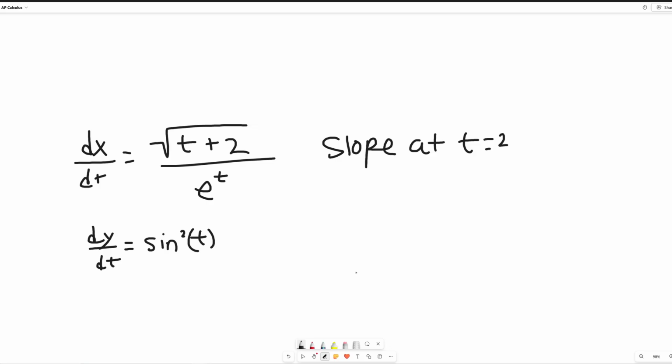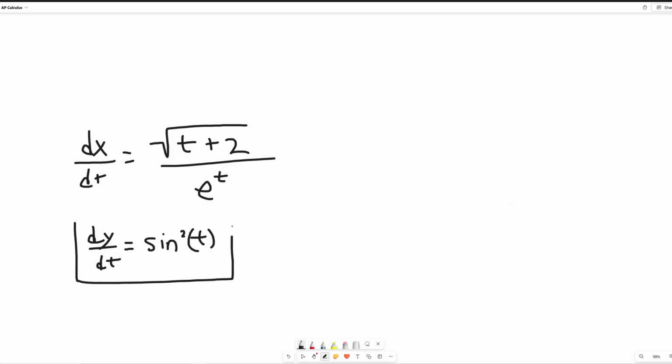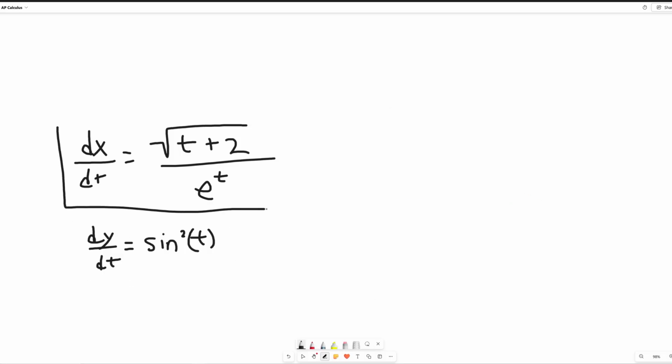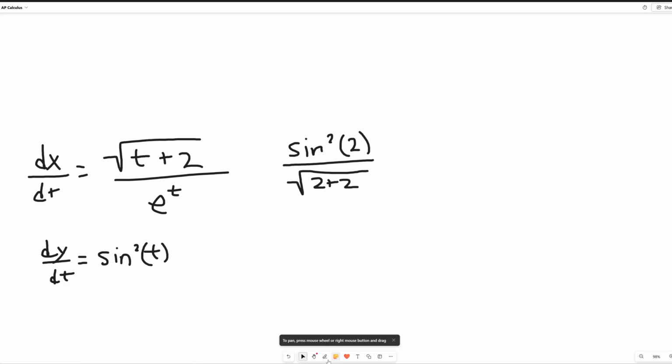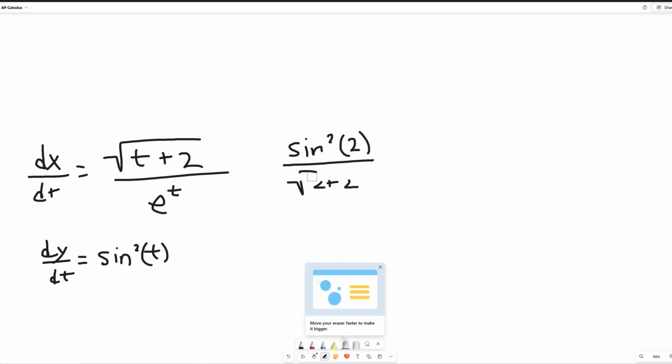So when it says slope, you have to think dy/dx. So let's find our dy/dx at t equals 2. We're going to put dy/dt over dx/dt to find our slope. So we're going to have sine squared of 2 over the square root of 2 plus 2, which is just the square root of 4, or 2. So I'm just going to replace this with 2 over e squared.